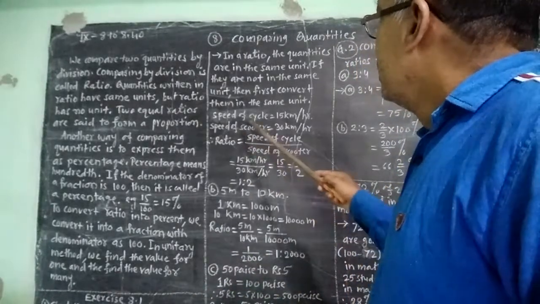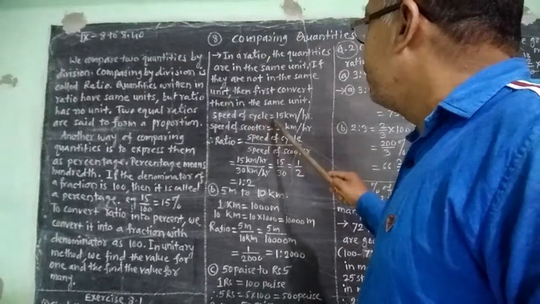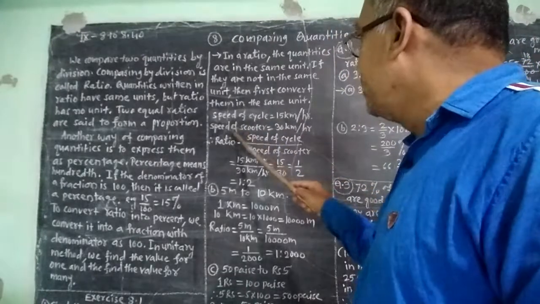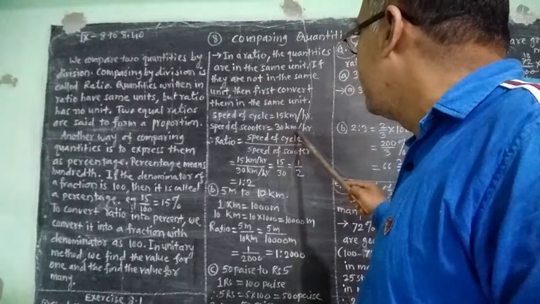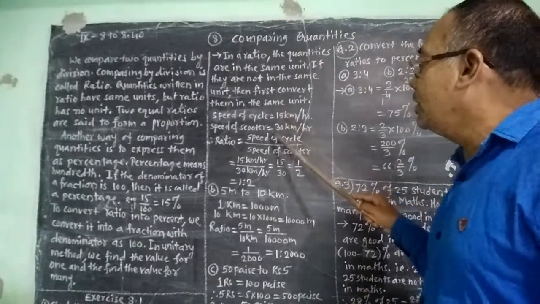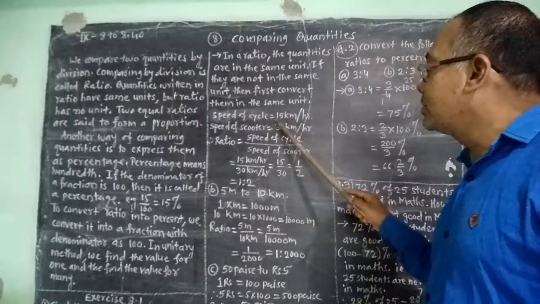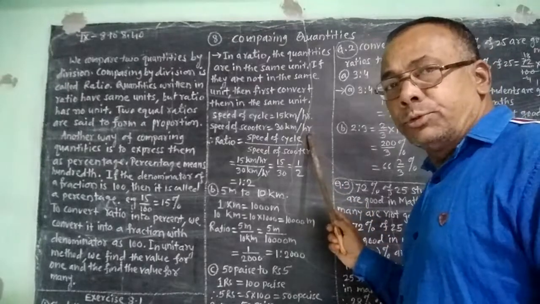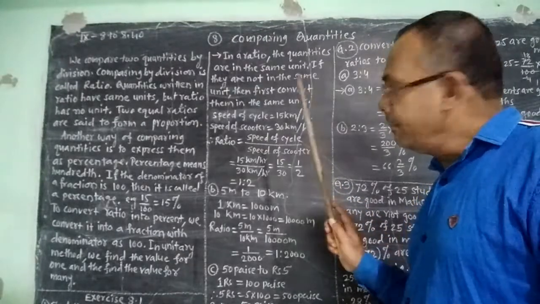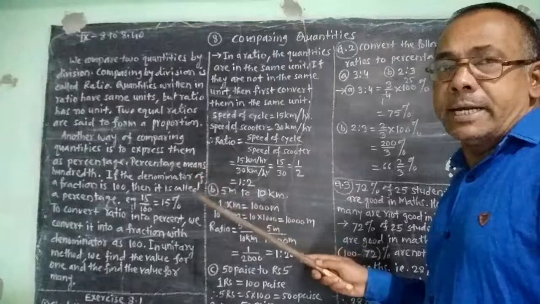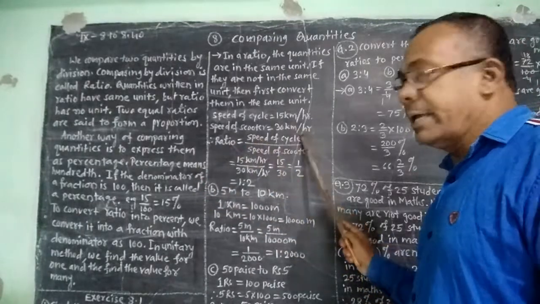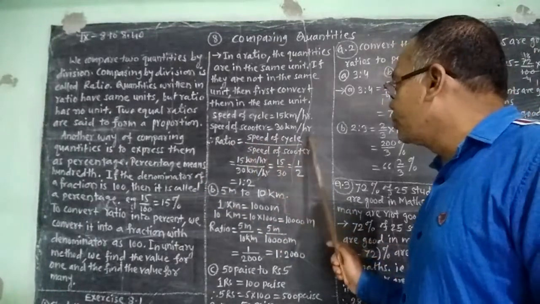So the speed of the cycle is given, that is 15 kilometer per hour, and the speed of the scooter is 30 kilometer per hour. Both quantities have the same unit, kilometer per hour, so there is no need of conversion. We can directly find the ratio: speed of the cycle divided by speed of the scooter.